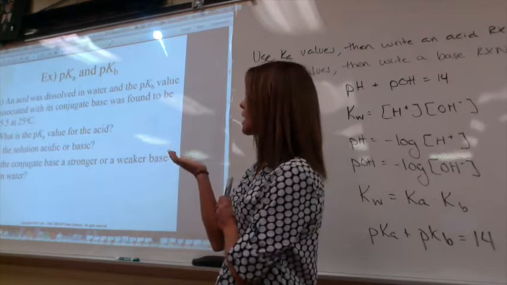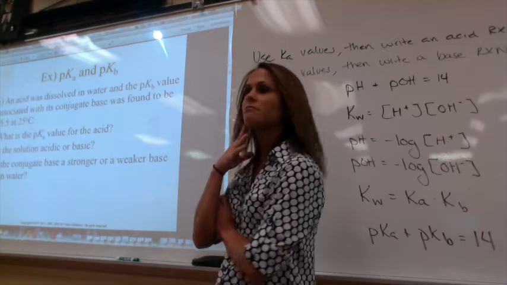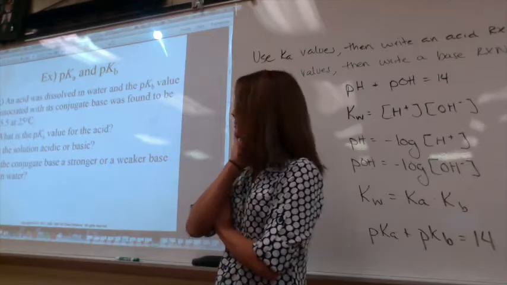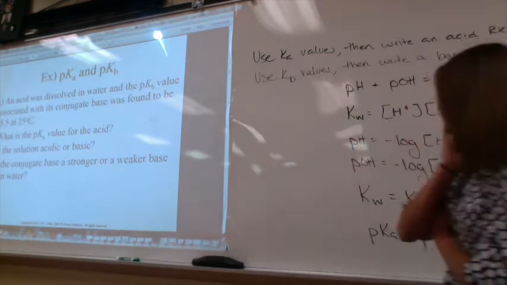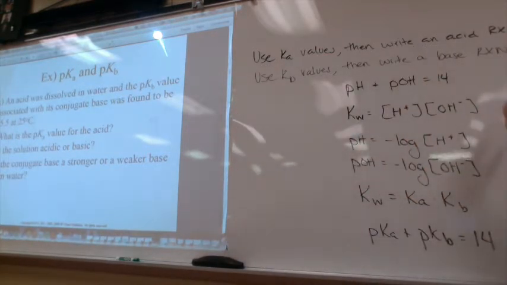All right, so what's the pKa value for this acid? What are you going to do? Easy approach, right? That's why I say you have all these things here. You're just going to subtract, right? Go ahead.